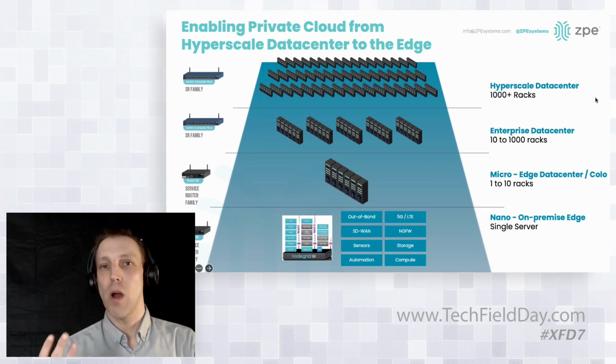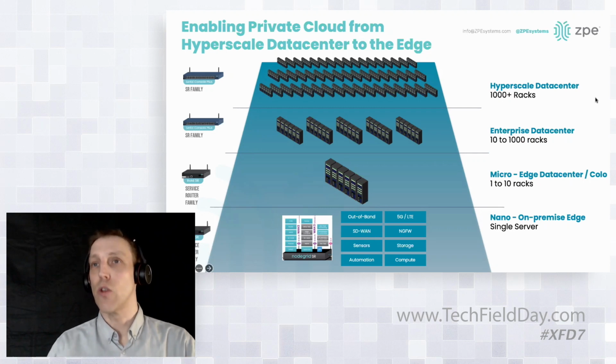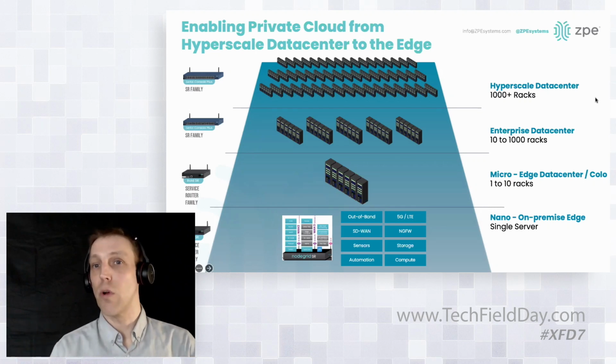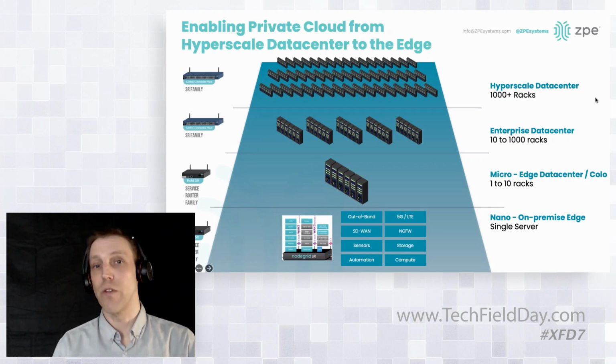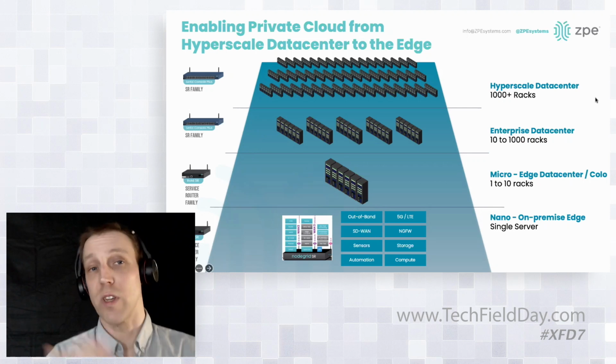So whatever you have designed and deployed in your enterprise data center, you can directly transfer over to any of the other appliances. That means whatever solution you deploy for your enterprise data center, you can more or less directly deploy into your micro data center, which is maybe at the bottom of a 5G tower, down to a nano data center. And the solution will give you the same level of management, infrastructure management, or security management.